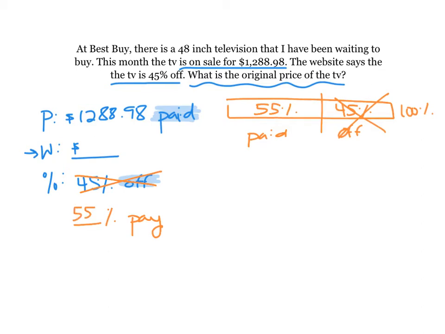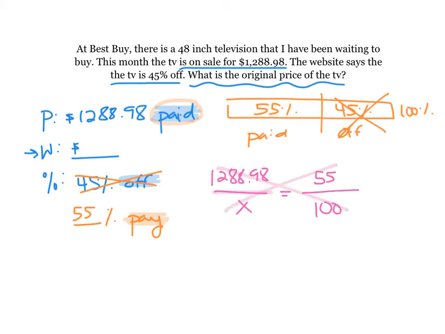So I paid 55% of the original price. Now my reasonings match. Paid and paid. So now I can go ahead and make that proportion. So part over whole equals percent over 100. 1288.98 over I don't know equals 55 over 100.